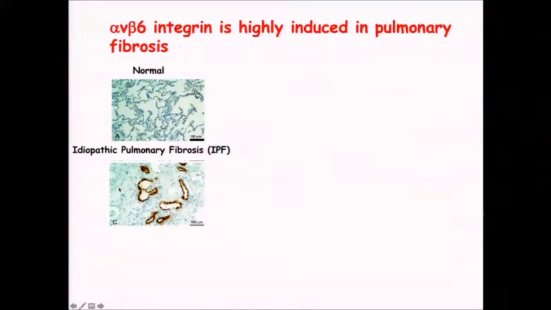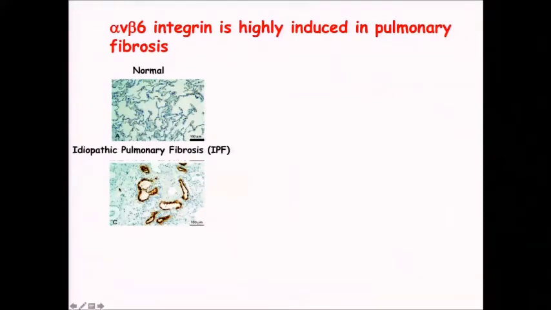And it turns out that this is actually a feed-forward loop, because the most potent inducer of beta-6 expression is TGF-beta itself. So a little bit of TGF-beta gets activated by the little bit of alpha V beta-6 that's present. That upregulates the receptor even more, and then there's a continuing vicious cycle that contributes to the development of pathology. And whenever we can identify these kinds of feed-forward loops, they're very attractive as targets for intervention.